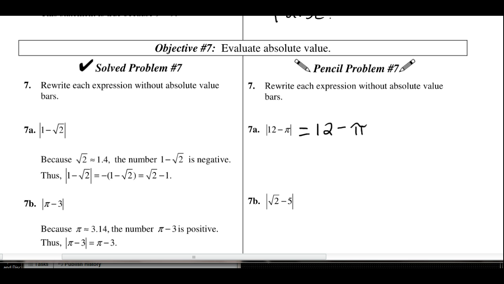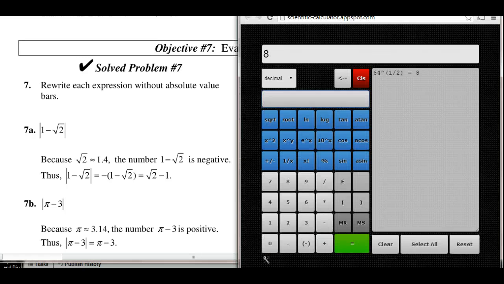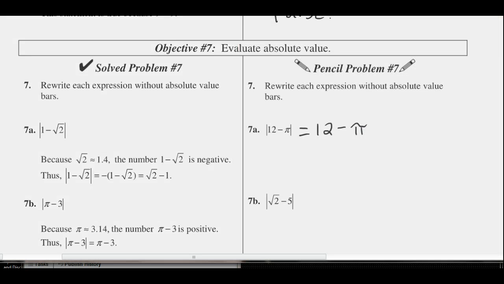If you want to put the numbers together, you'll get an approximation. It won't be exactly equal to, but that might be the safer way to do it. So you could come back to the calculator and just do 12. Let me clear everything first. So let's do 12 minus 3.14 just for an approximation, and you get about 8.86.